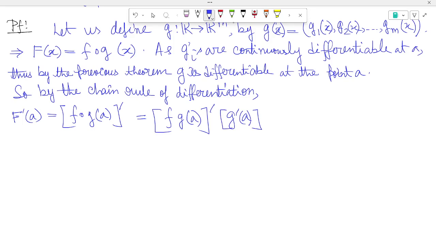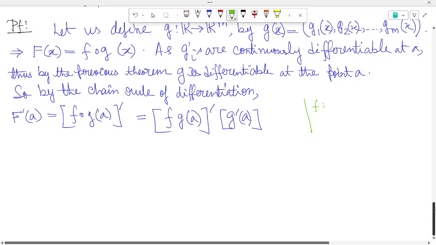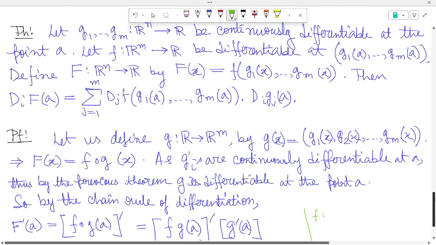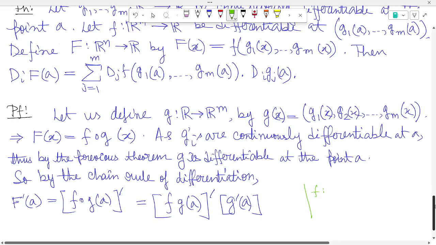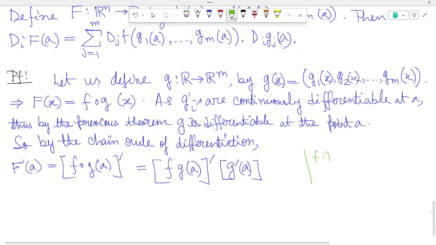Fine. But see, f is a function from Rm to R. So that will be the 1 cross m differentiation matrix.